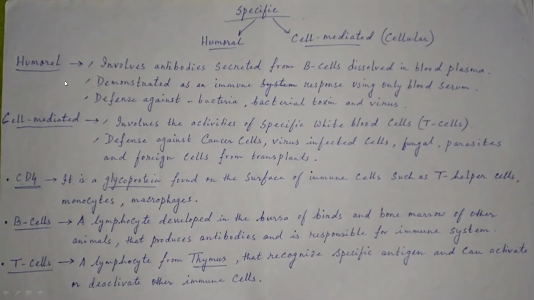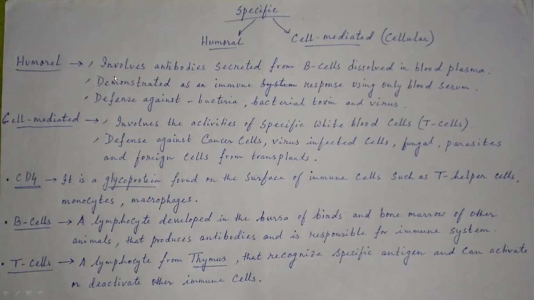So what is humoral? Actually, it involves antibodies secreted from B cells or beta lymphocytes, dissolved in blood plasma. Again, I repeat, there are some features of humoral and cellular.